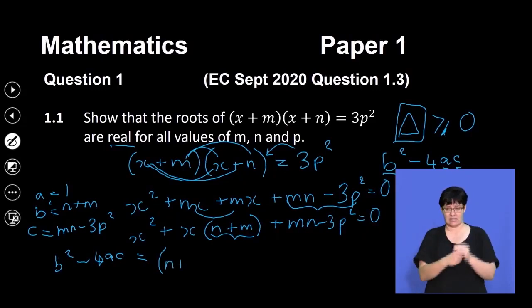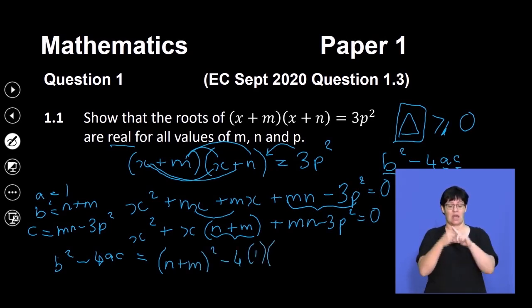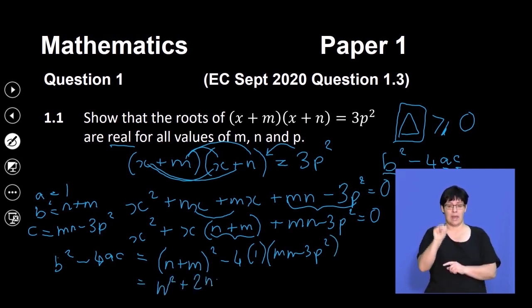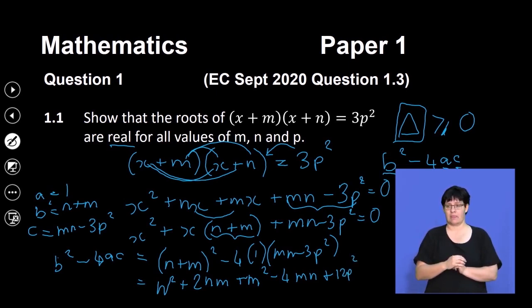We've got (n + m)², and we've got minus 4 times 1 times c, which is (mn − 3p²). Okay, that is equal to n² + 2nm + m², and then that's minus 4mn + 12p². Okay, I'm going to go to the next page.